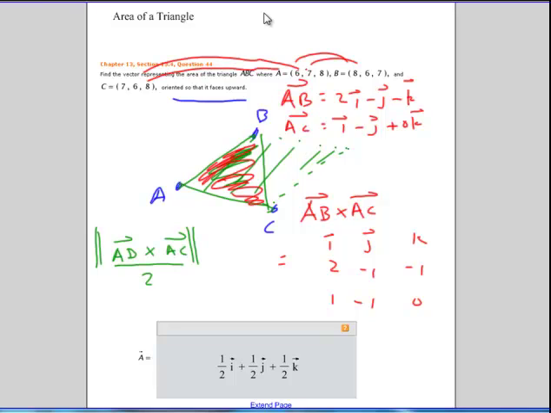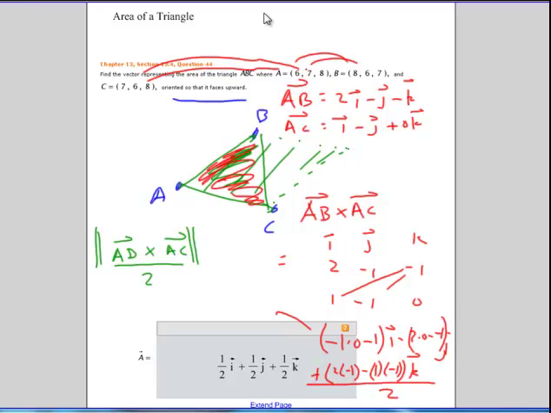So if we now do what we know about cross products, if we cover the I, we're going to get negative 1 times 0 minus negative 1 times negative 1, so just 1, and that's I. Minus 2 times 0 minus 1 times negative 1, so minus minus 1 J. And then we have plus 2 times negative 1 minus 1 times negative 1 K. That's a little bit messy, and then this is all divided by 2.